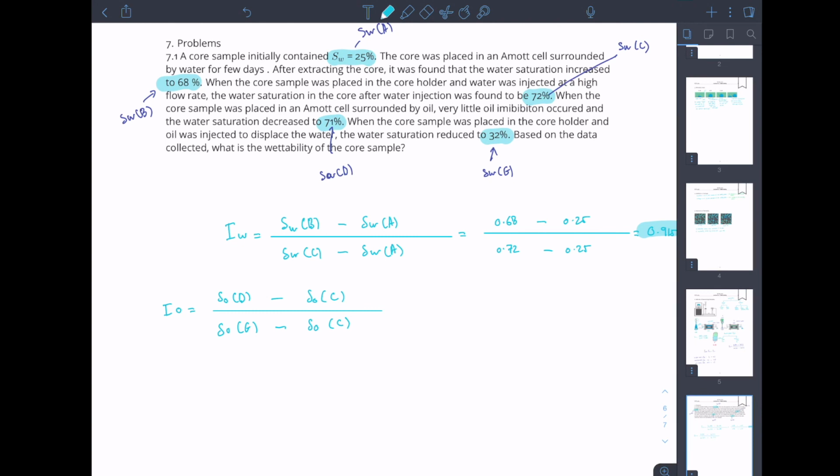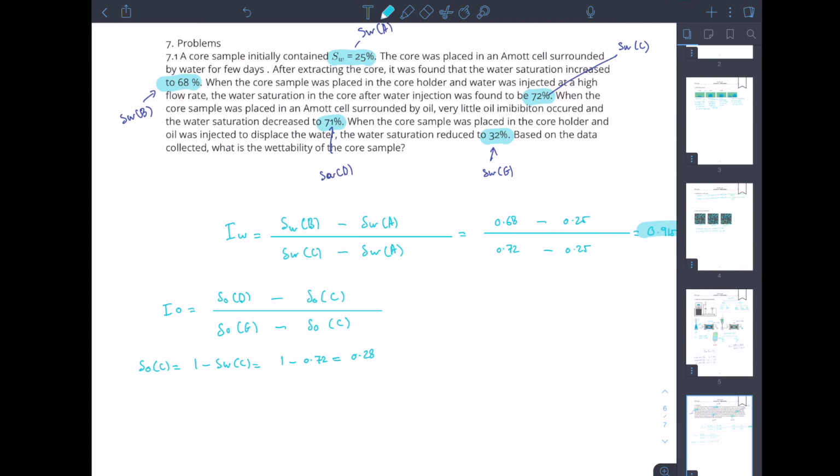The first point, SO at point C equals 1 minus SW at point C, which equals 1 minus 0.72, which equals 0.28.